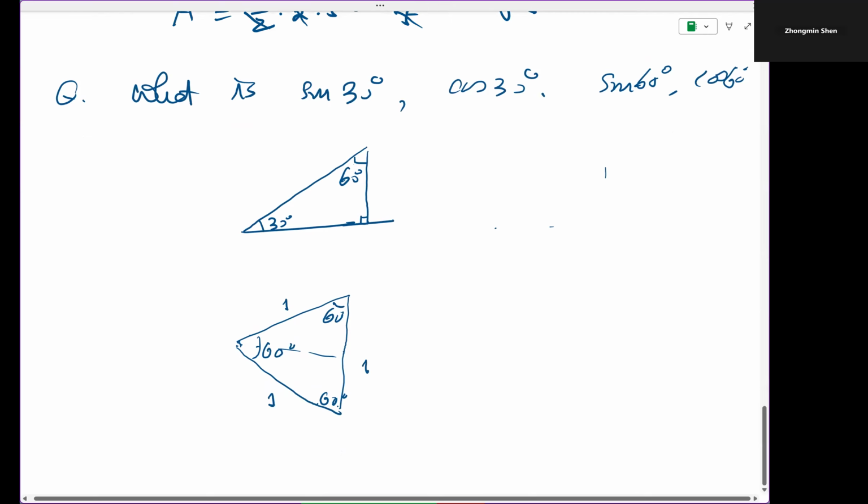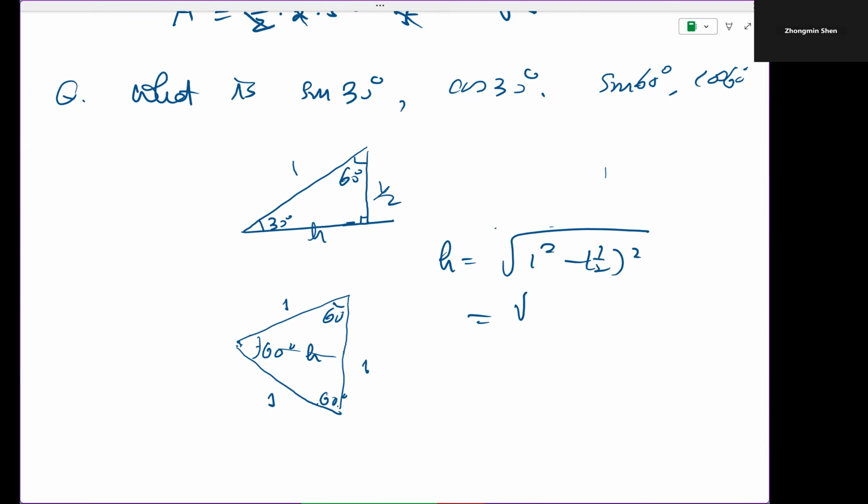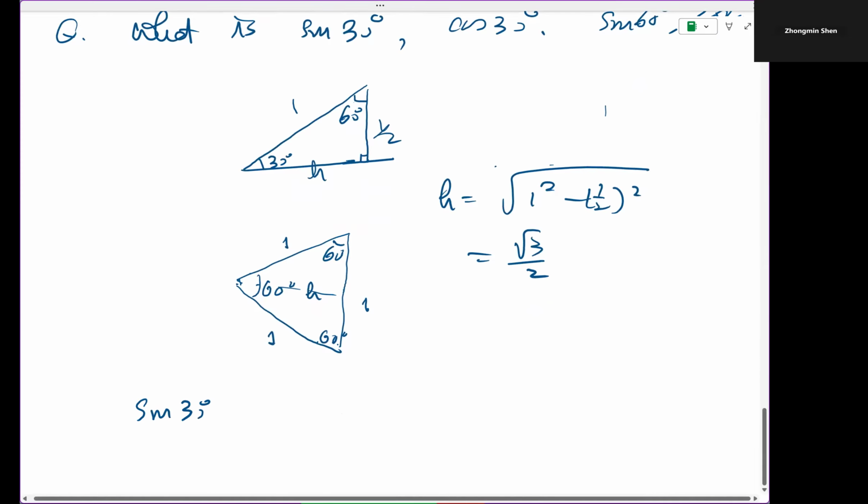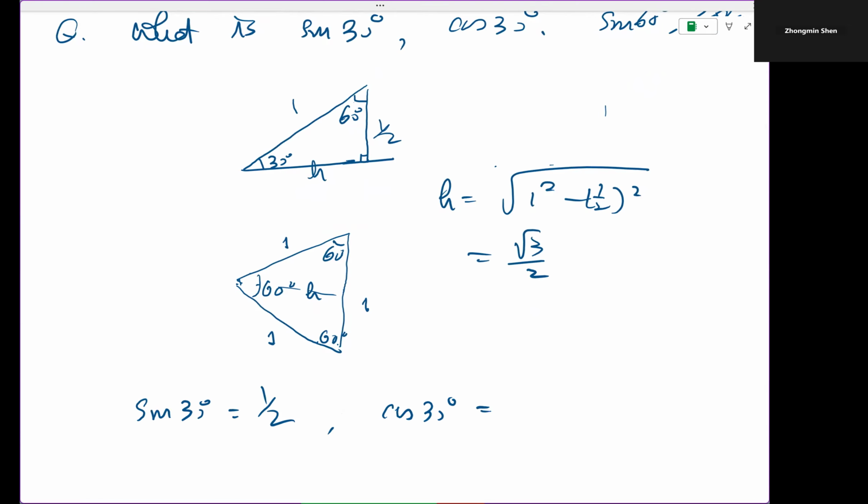So we go back to here. This is 1. This is the height, h. This will be 1/2. Right? So what is h? By the Pythagorean theorem, h is the square root of 1 squared minus (1/2) squared. So it's going to be square root of 3 over 2. All right, so now I can get sine 30 degrees is 1/2. And cosine 30 degrees is square root of 3 over 2, because this over that.